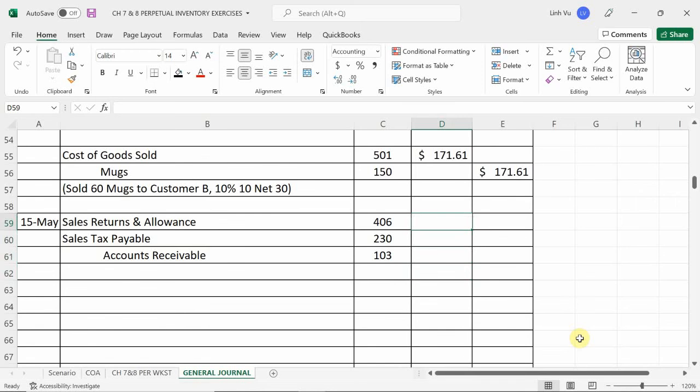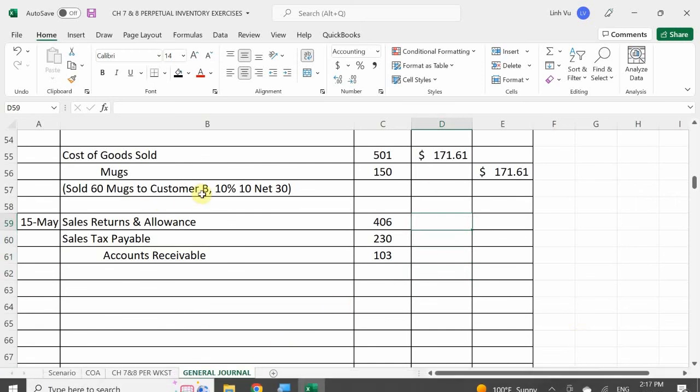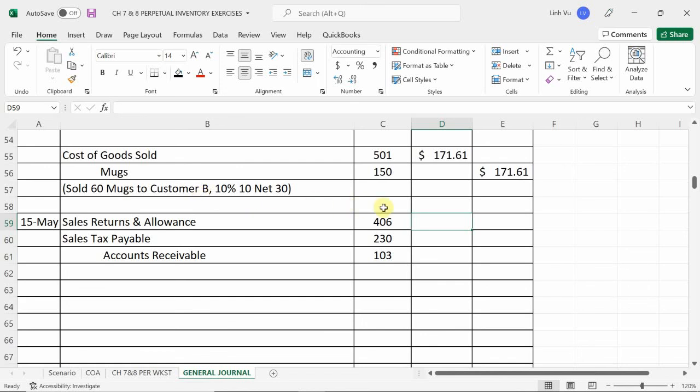Okay. So if they are returning 30 mugs, sales returns is 300. Good, right? Because we originally charged them $10 per mug. They are returning 30 of them for $10 each. So that's going to be $300.